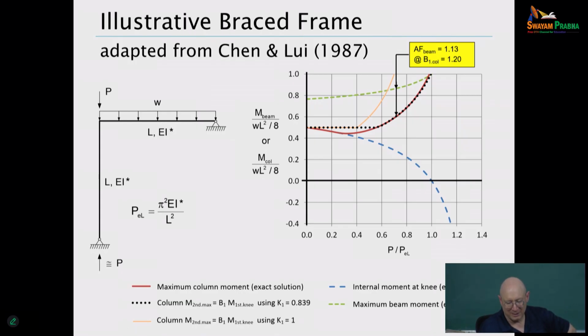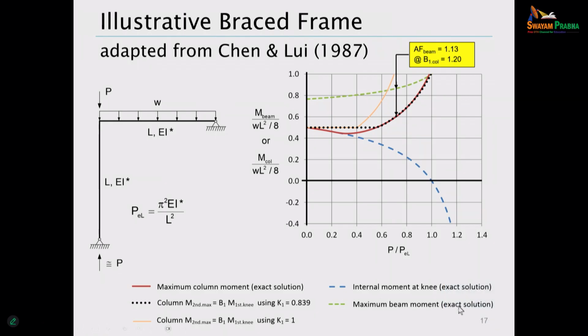The moment keeps getting smaller and smaller as we increase the axial load P until, when we get to P over PL of 1 here, the moment is 0 at the knee. So we looked at that moment diagram earlier. And then as we increase P over PL even further, we get basically a reversal of the moment at the knee.